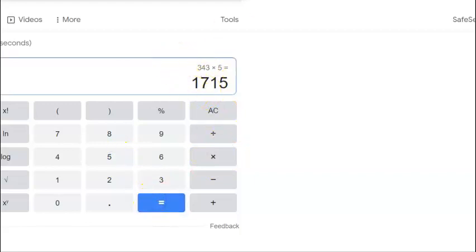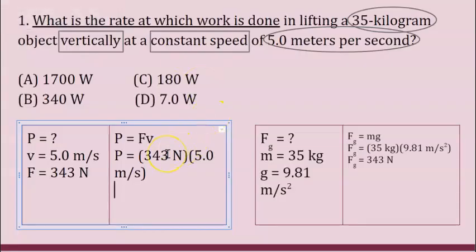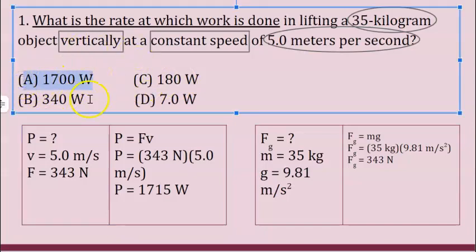That gives me 1,715. My unit is capital W for watts, and so A is my answer. On the Regents, they round, so they rounded 1,715 watts down to 1,700, and that is your correct answer.